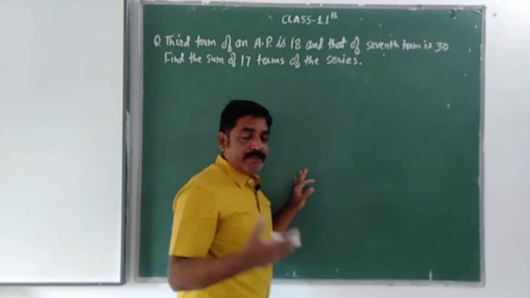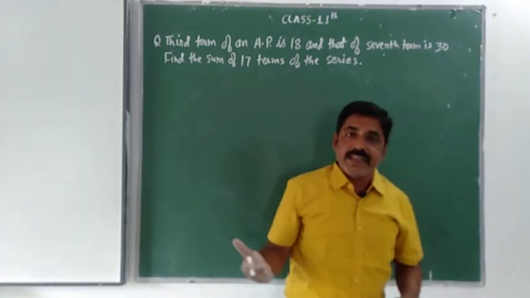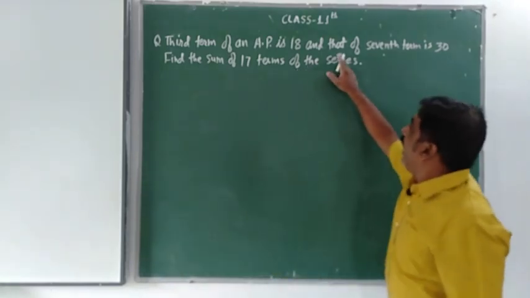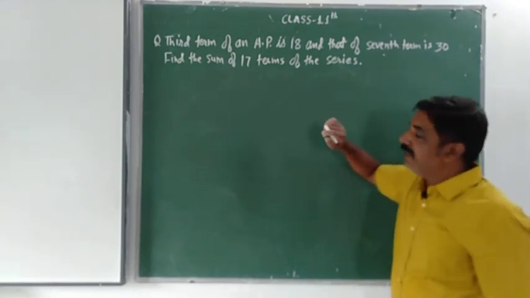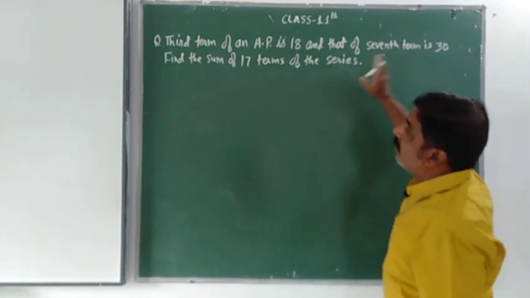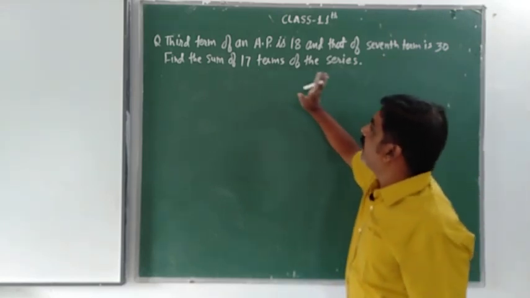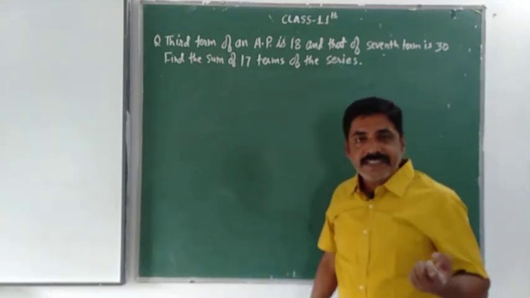That means T3 is equal to 18, and the seventh term T7 is equal to 30. Find the sum of 17 terms of the series.